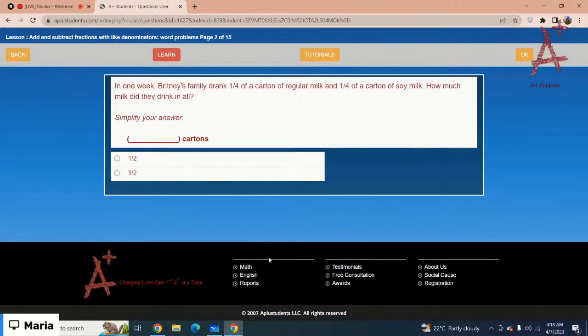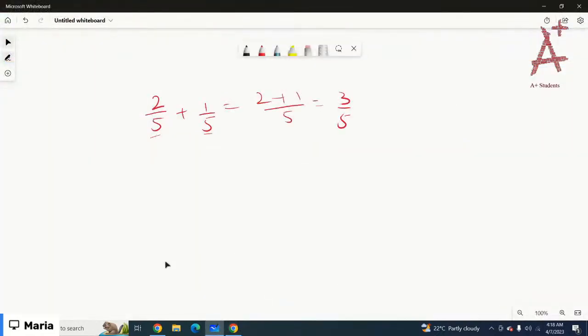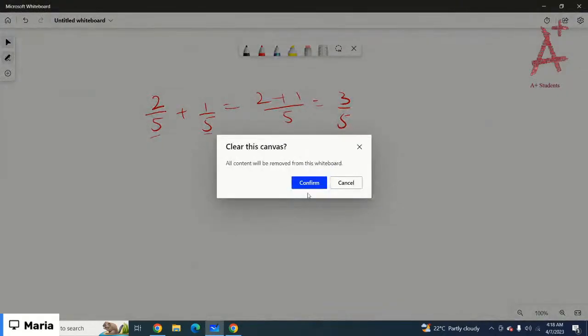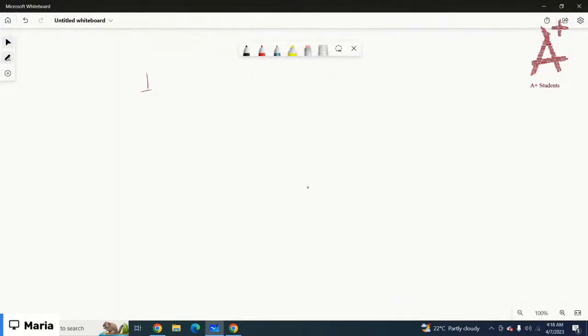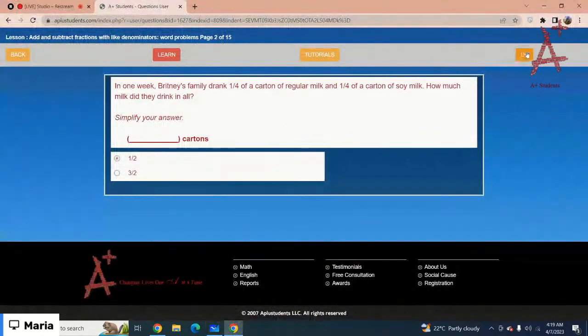Just add 1 over 4 plus 1 over 4. So they have the like denominators. 4 is the denominator. Just add 1 plus 1. That would be 2 over 4. So when you divide it by a common factor, that would be 2, it would be 1 over 2. Got it? So the correct option is 1 over 2.